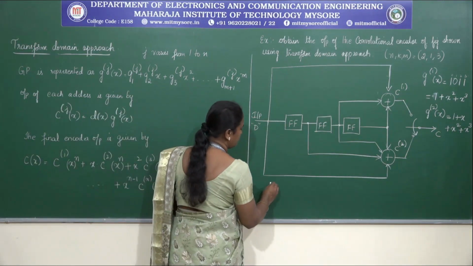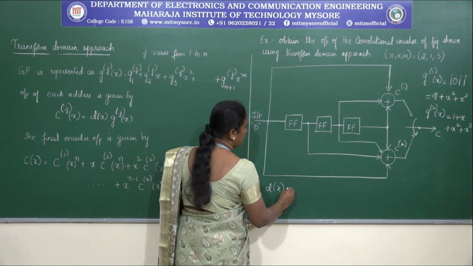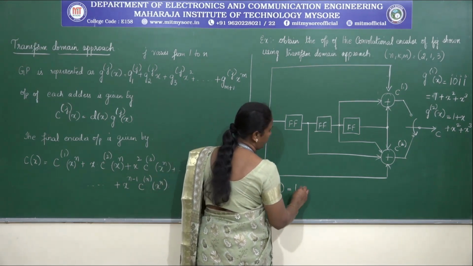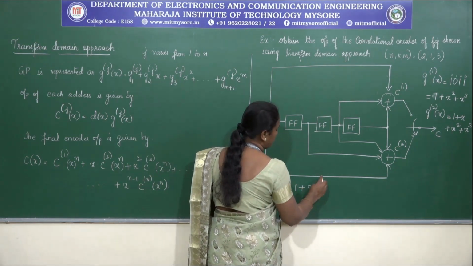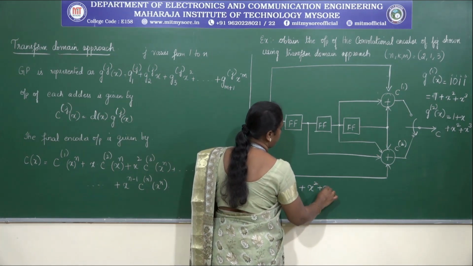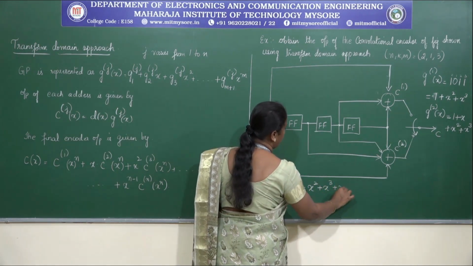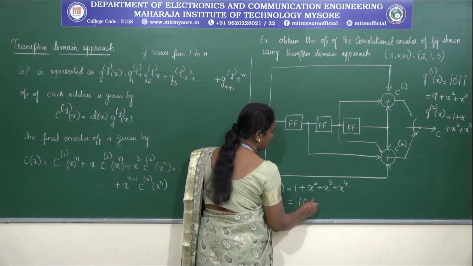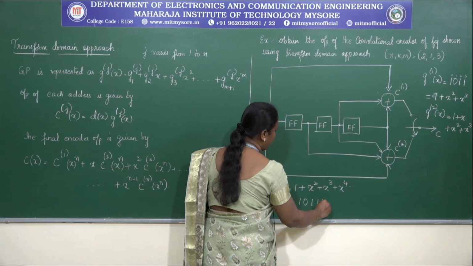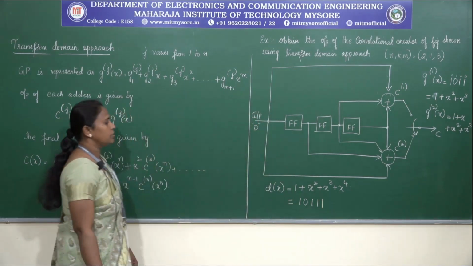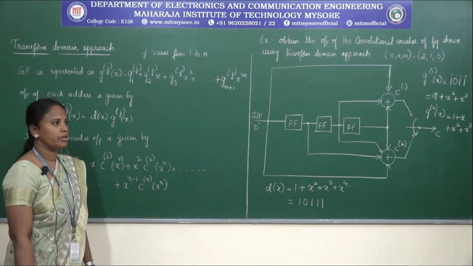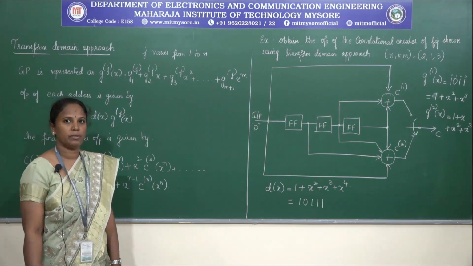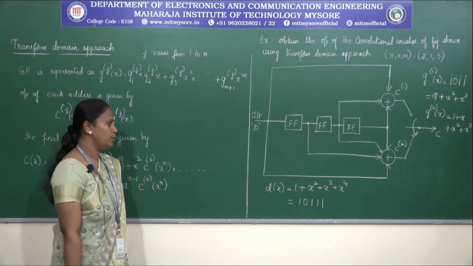Let us consider d(x) = 1 plus x squared plus x to the power of 3 plus x to the power of 4, which is nothing but 1, 0, 1, 1 and 1. Whatever we consider, everything has to be represented in terms of its polynomial.